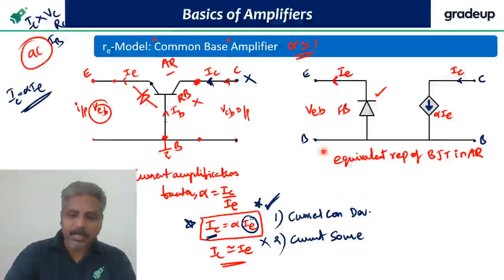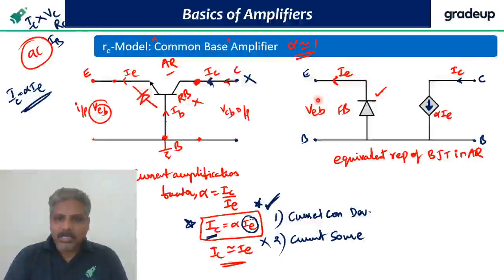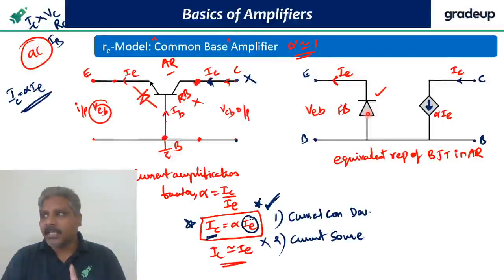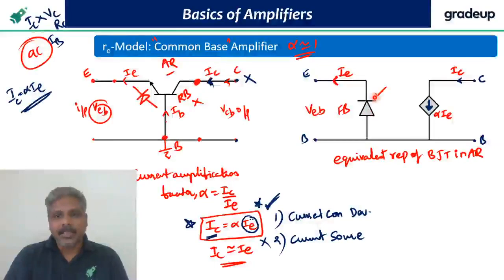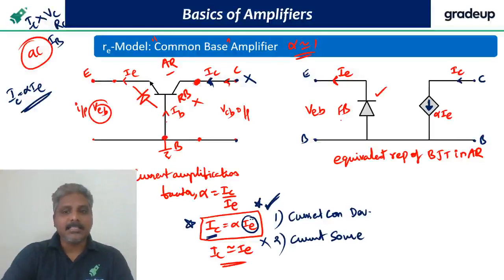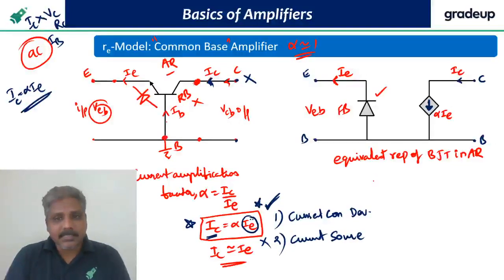Now, a very important point. What is this voltage? VEB is an AC voltage. What is this current? AC current. Listen very carefully, word by word. When a forward bias junction is applied with some AC signal, then the junction offers a resistance called dynamic resistance.